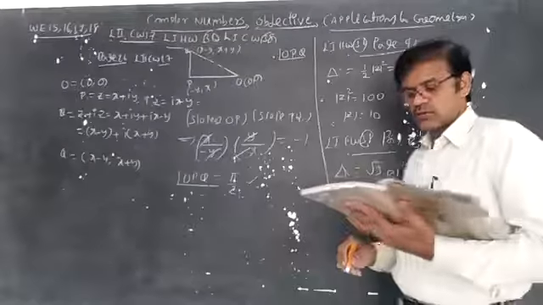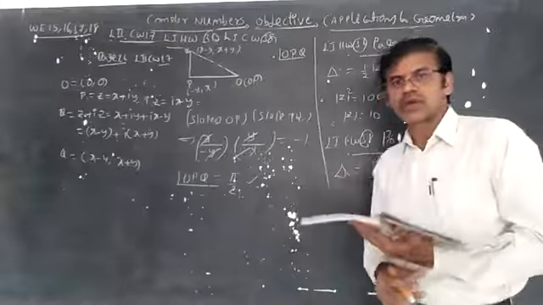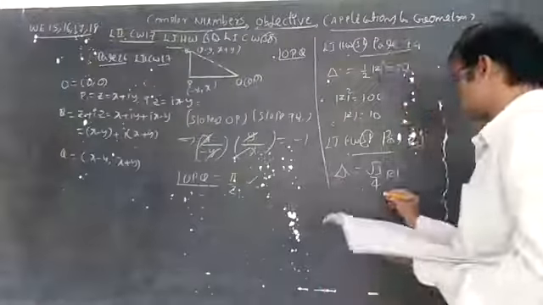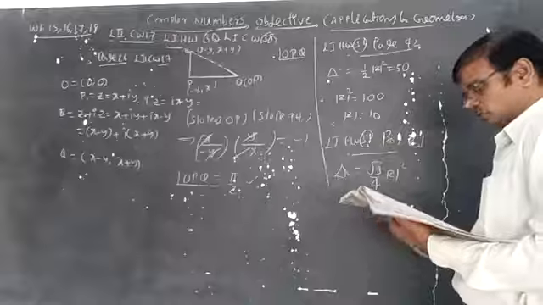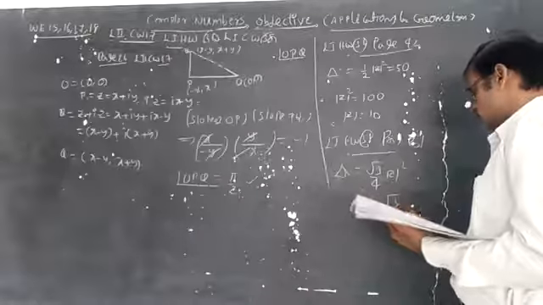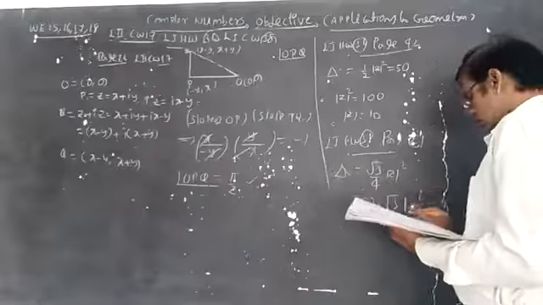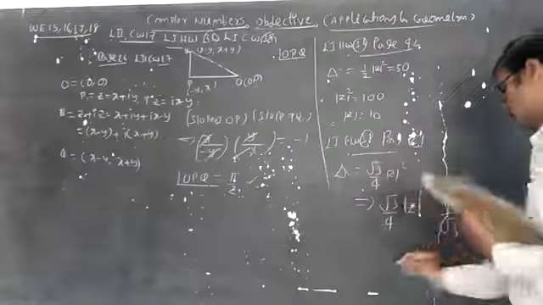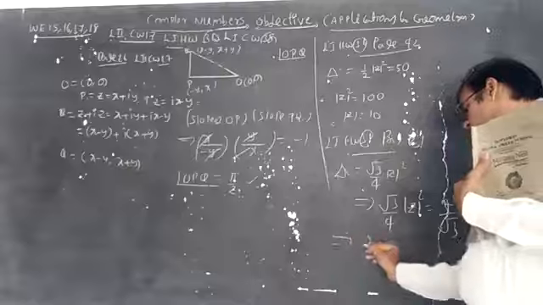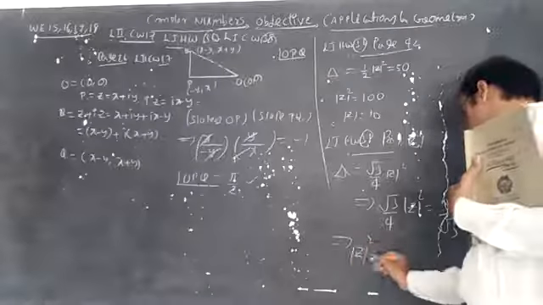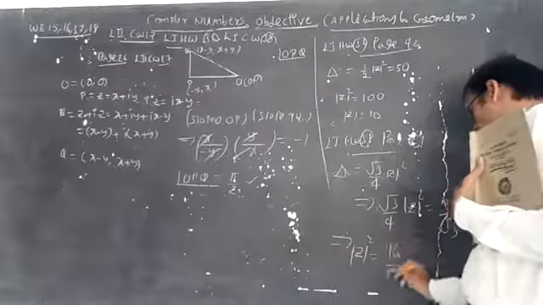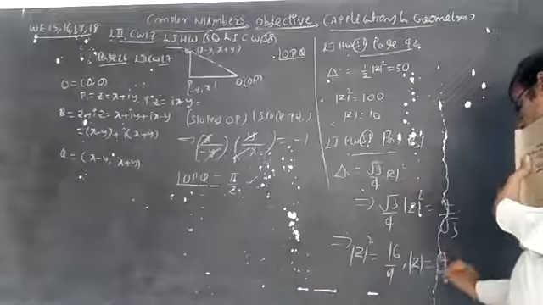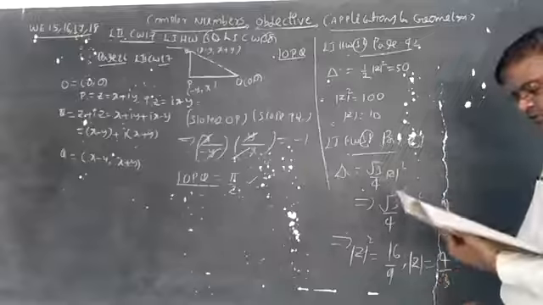He has given the answer √3 by 4 into modulus of z square is equal to 4 by √3. That implies modulus of z square is equal to 16 by 9. Now he is asking for modulus of z, so it is 4 by 3.